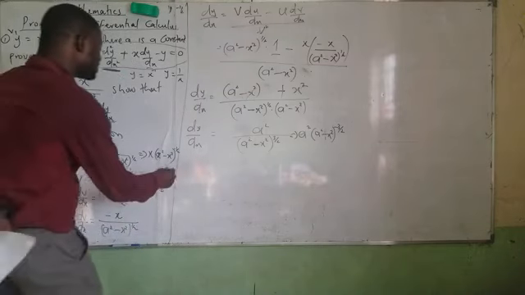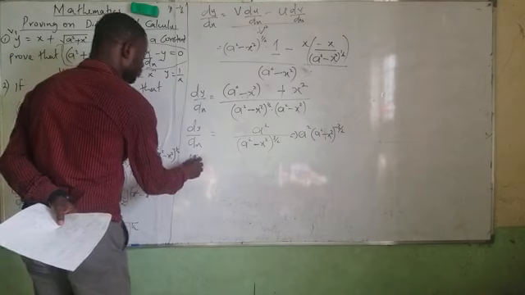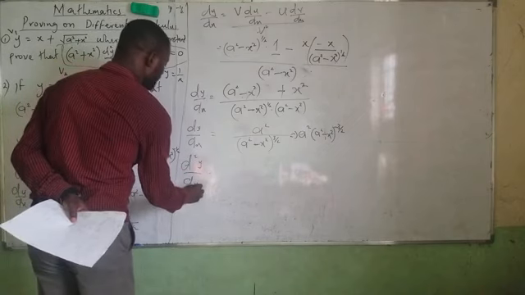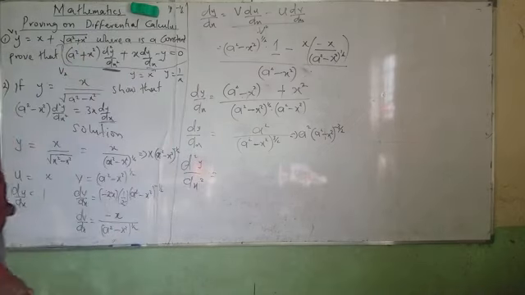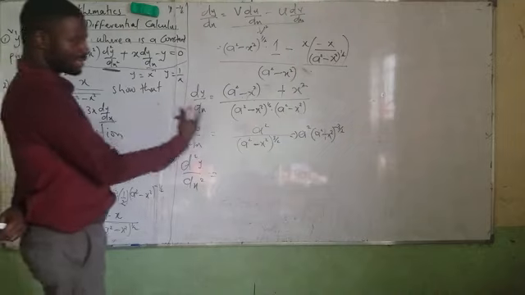Now I can move on to the second derivative, d squared y over dx squared. Anyhow you want to do it, but at this point a is a constant.